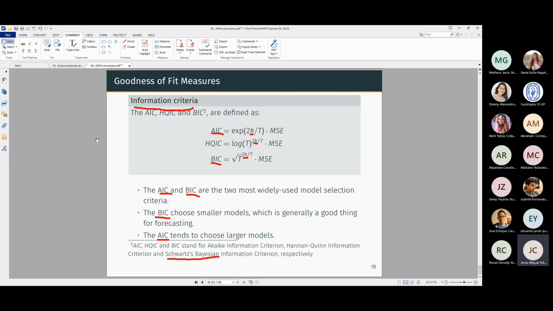Any questions, guys, so far? Profe, una pregunta chiquita: si los residuals te salen white noise, eso no implica que los coeficientes sean significativos, ¿no? Tienes que hacer esa prueba, sí o sí. That doesn't mean that the coefficients are significant, because the criteria is different.